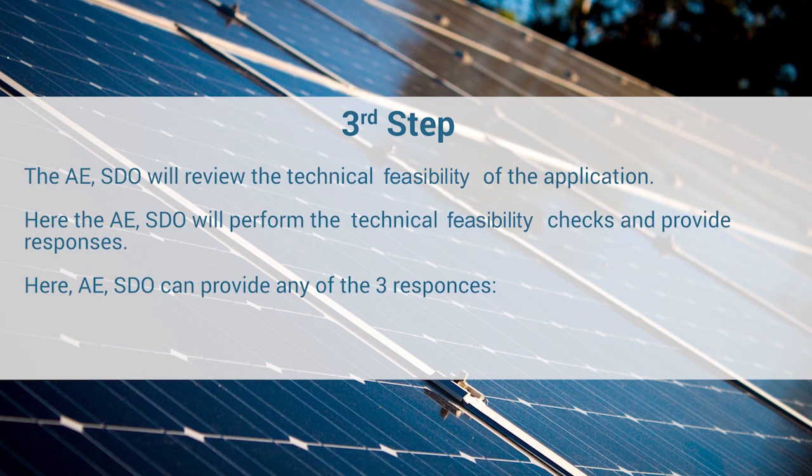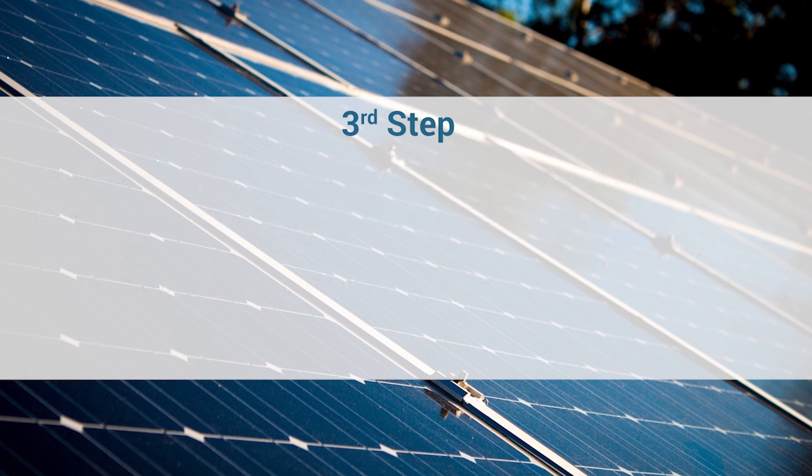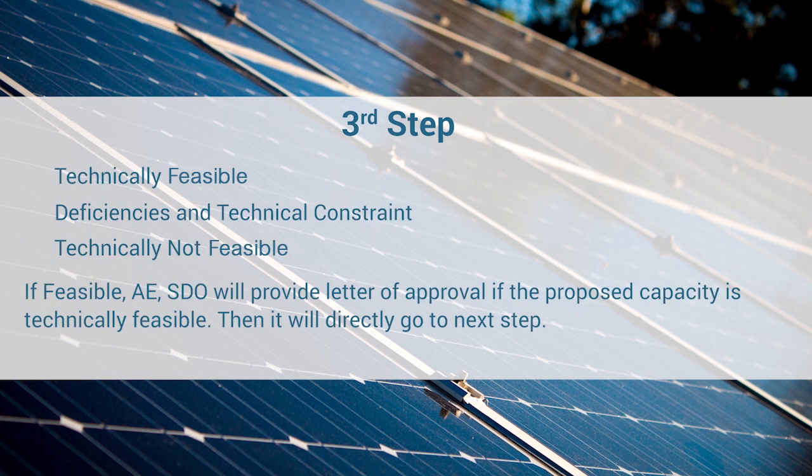AESDO can provide any of the three responses: technically feasible, deficiencies and technical constraint, technically not feasible. If feasible, AESDO will provide a letter of approval if the proposed capacity is technically feasible. Then it will directly go to the next step.